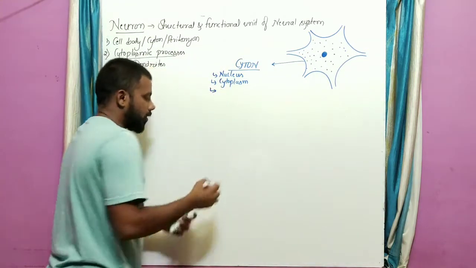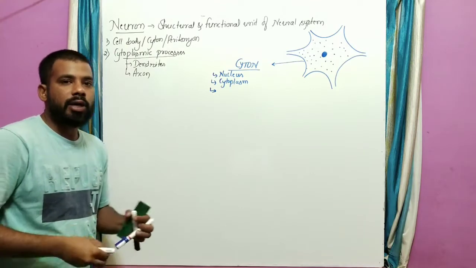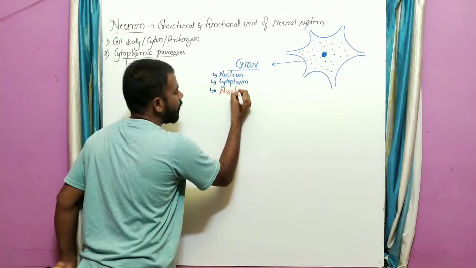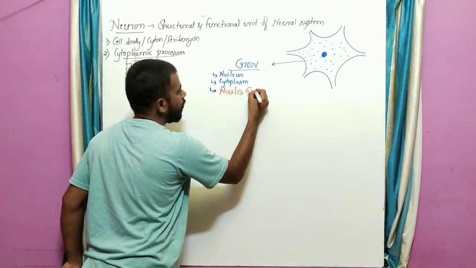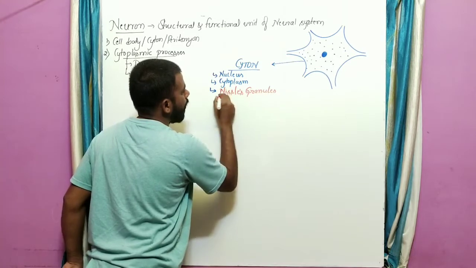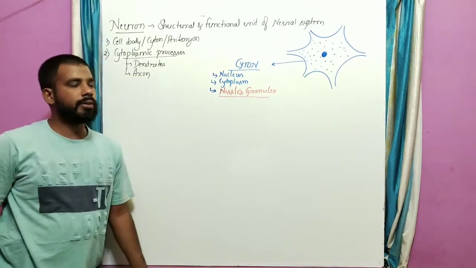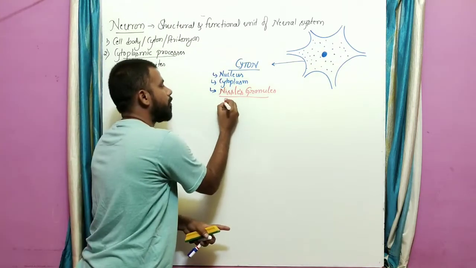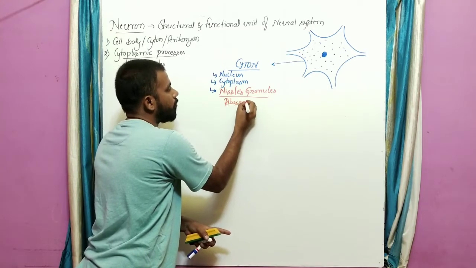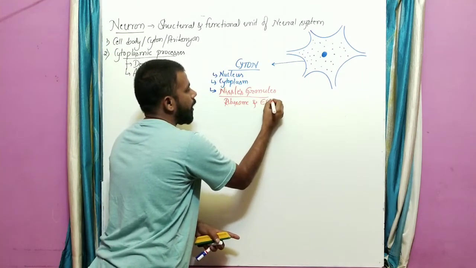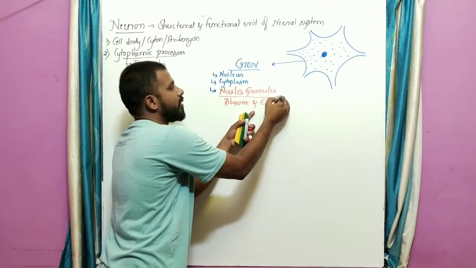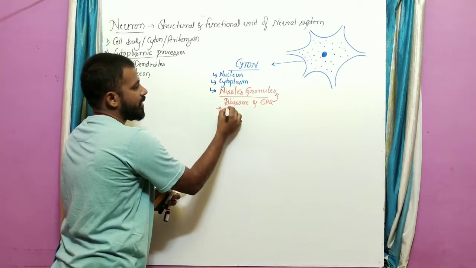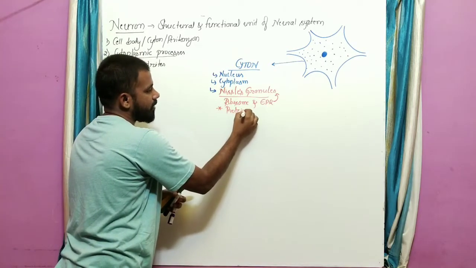Along with this, cyton has specialized granular bodies called Nissl's granules. These Nissl's granules are formed from cell organelles like ribosomes and endoplasmic reticulum, and their main function is protein synthesis.